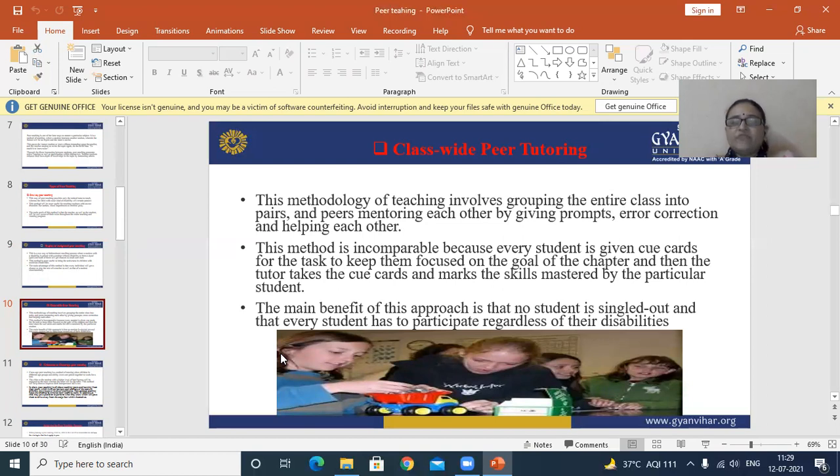The main benefit of this approach is that no student is singled out, and that every student has to participate regardless of their disabilities.